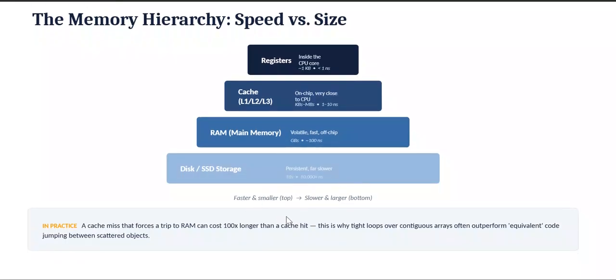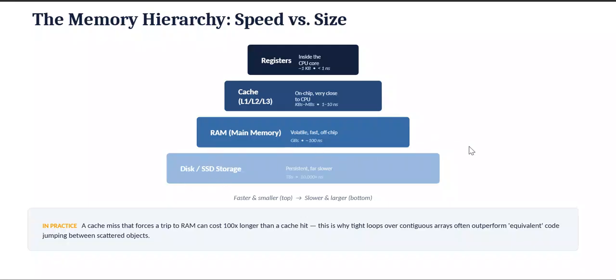Faster and smaller at the top, slower and larger at the bottom. The register is inside the CPU, the cache is close to the CPU, and the RAM, which is volatile, is beside the CPU.